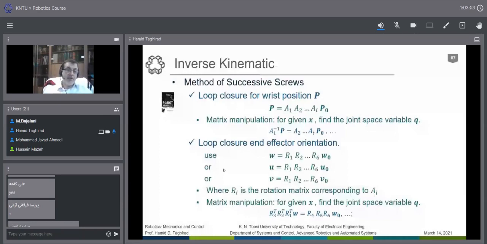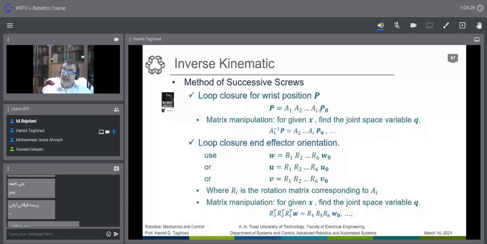And this comes from the idea that for a successive screw, this is a theorem proven in the screw algebra, that if you have a number of successive screws represented by homogeneous transformation, if you have a position given at the reference frame, and then you put it here when the angles are all 0.